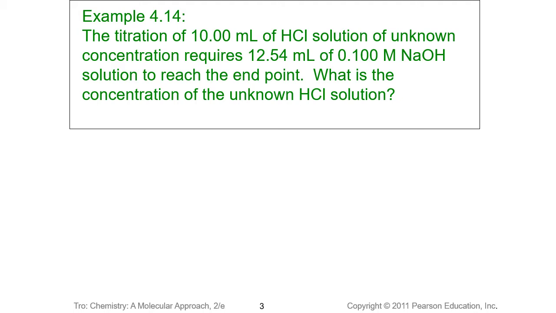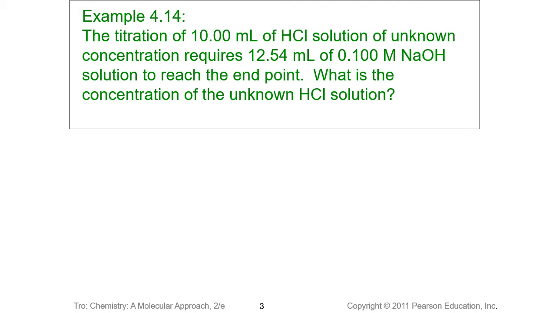So let's try an example. We're going to do a titration of 10 milliliters of hydrochloric acid solution that we don't know the concentration of. We're going to add 12.54 milliliters of 0.1 molar sodium hydroxide to reach the endpoint. We want to figure out the concentration of the HCl.